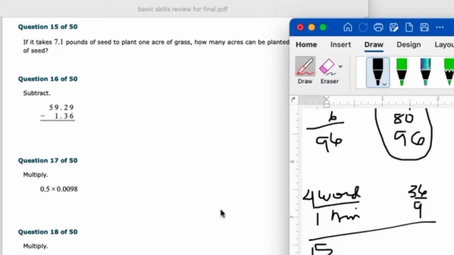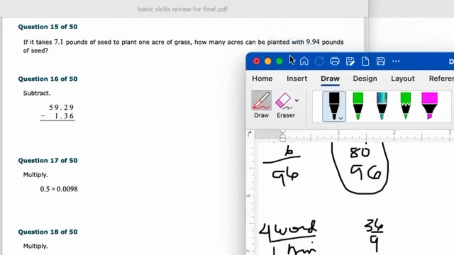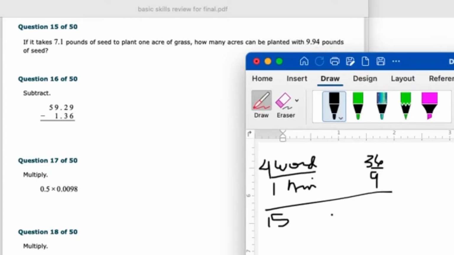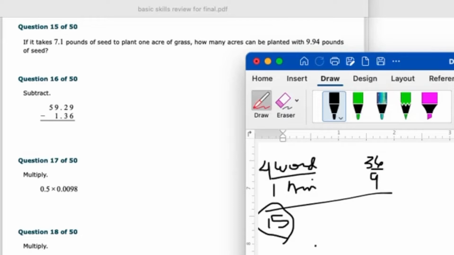If it takes 7.1 pounds of seed to plant 1 acre of grass, how many acres can be planted with 9.94 pounds? Okay, so we're going to set up a proportion. This is number 15. It says 7.1 pounds. We'll use LB for pounds. We'll plant 1 acre.